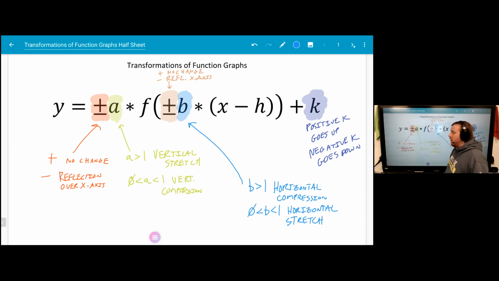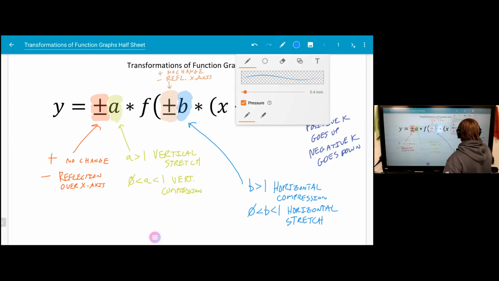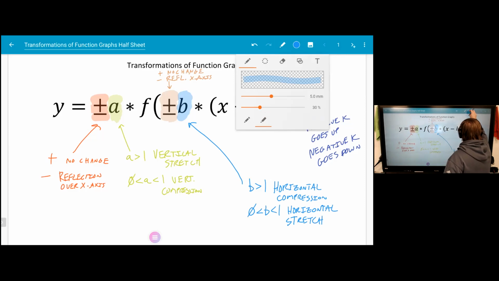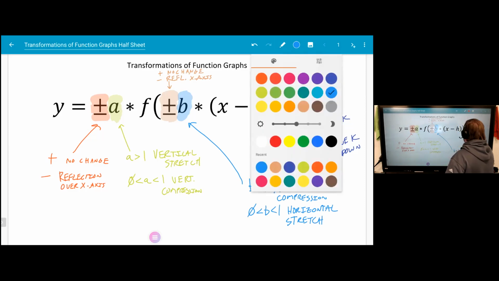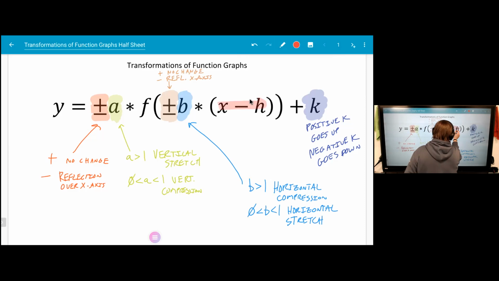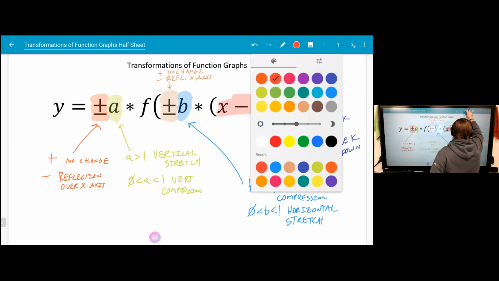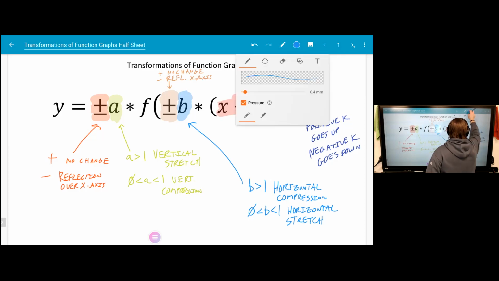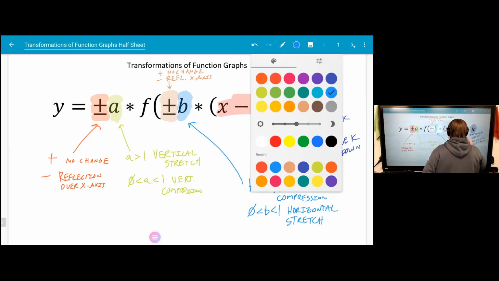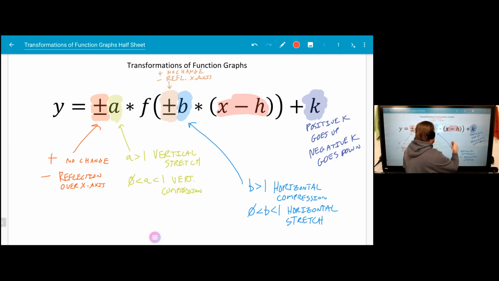Okay. Last part is our x minus h thing here. We're going to do this all in one shot. Do this in this reddish color here. I'm going to highlight this whole thing because I think it makes a big difference here. If you see x minus a number, this means it's going right.